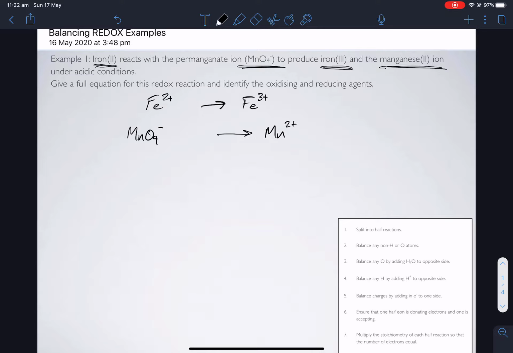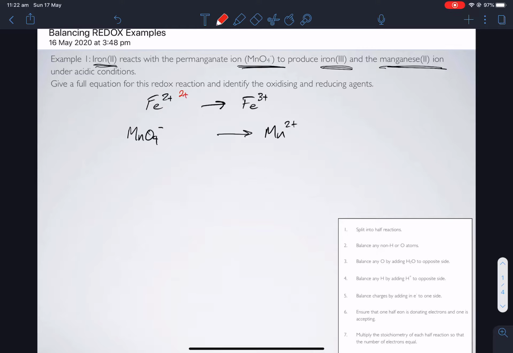Okay, what we can do is stop here before we start balancing, and decide what's being oxidized, what's being reduced, and from there, what the oxidizing and reducing agents are. So I'm going to switch to red to keep it a bit separate. So oxidation numbers, remember that for a monatomic ion, it's just the charge on the ion.